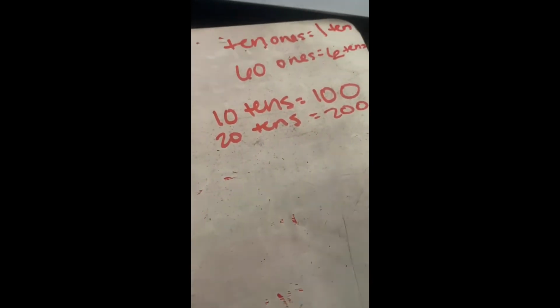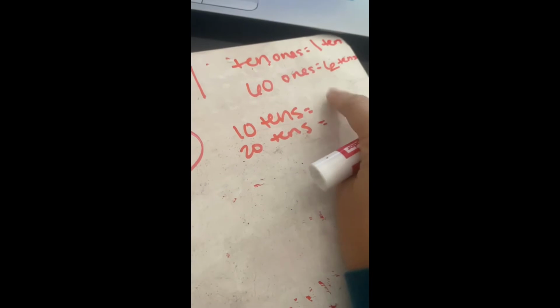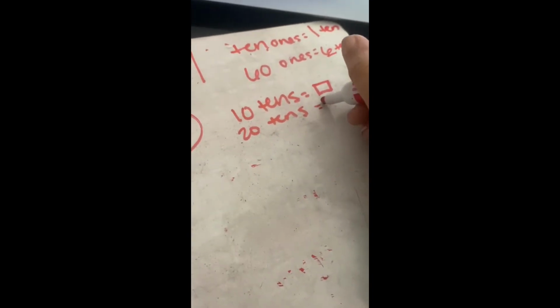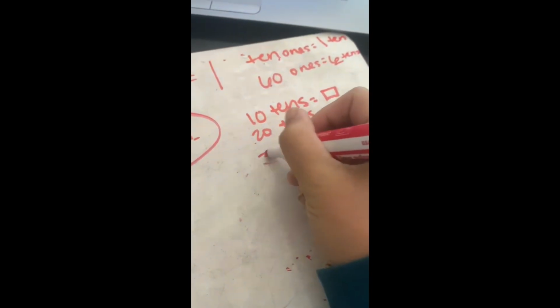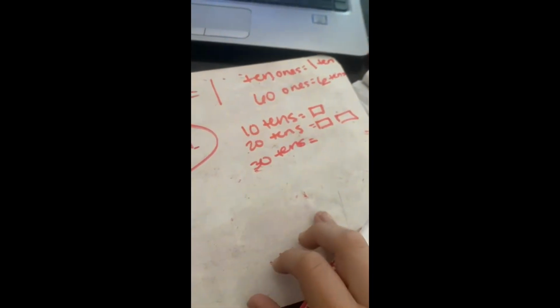All right. 10 tens equals 100. 20 tens equals 200. If I had 30 tens, what do you think that would be?